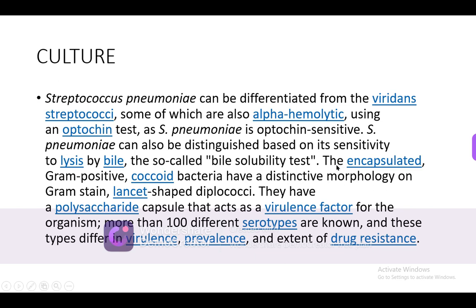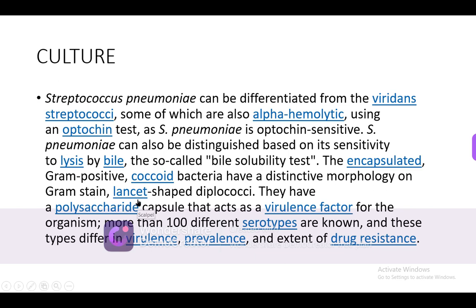Another important morphological feature of this organism is that they are encapsulated. Encapsulated. It is a gram-positive coccoid bacterium with a distinctive morphology on the Gram stain.